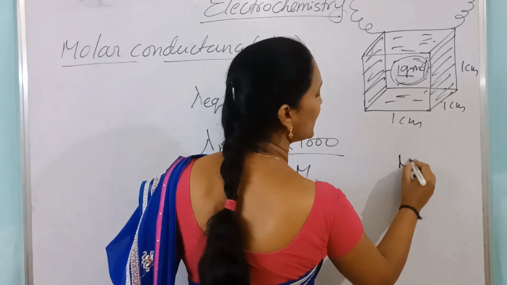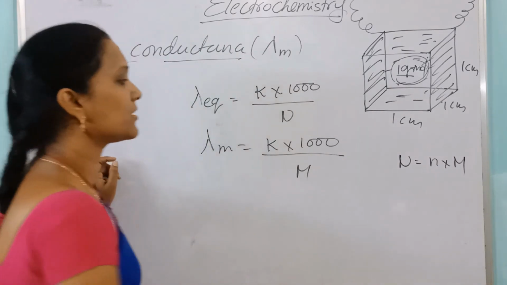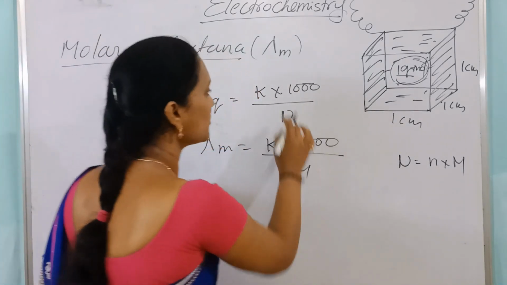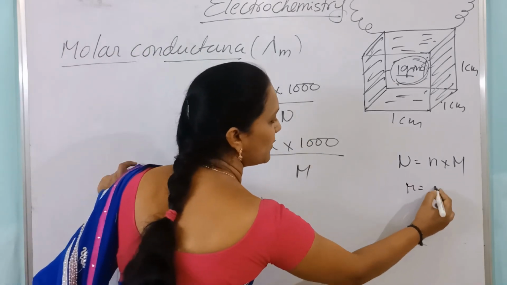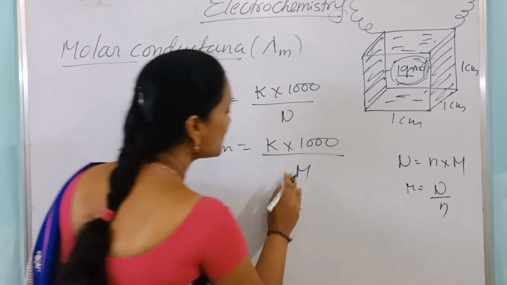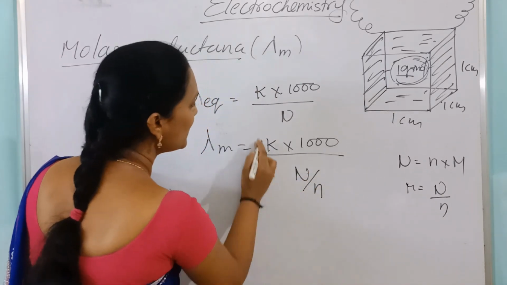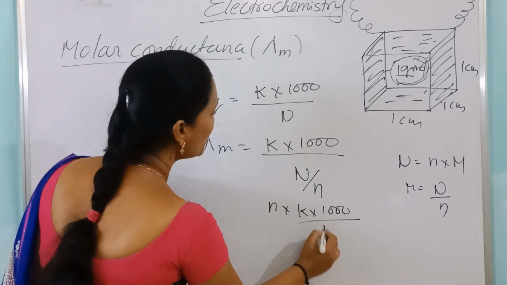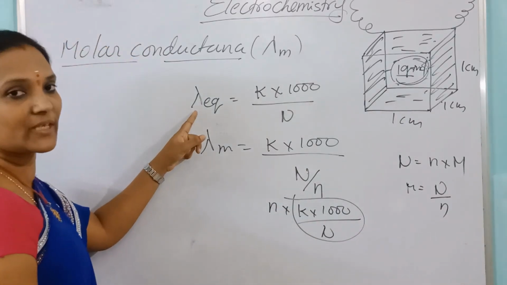Normality is equal to N into M, so molarity is equal to normality by N. Substituting this, it becomes N into K into 1000 by normality. This total is nothing but the equivalent conductance.